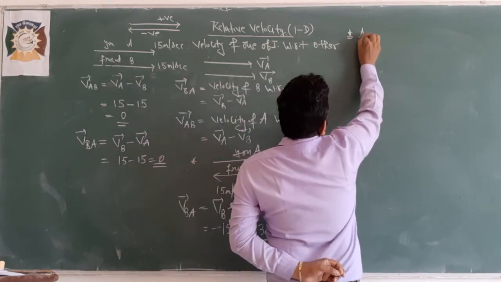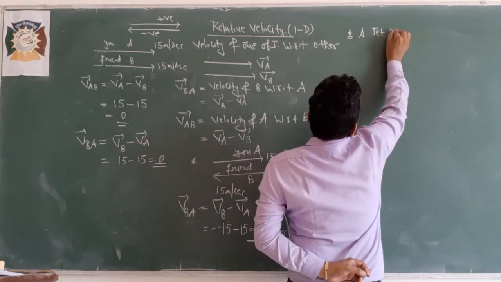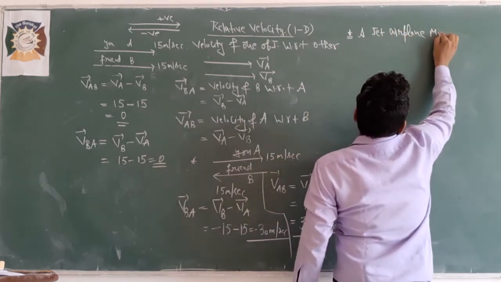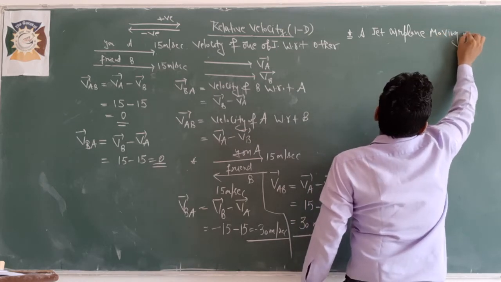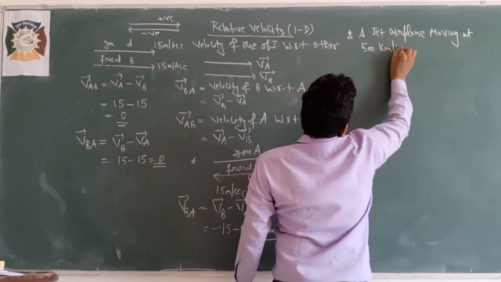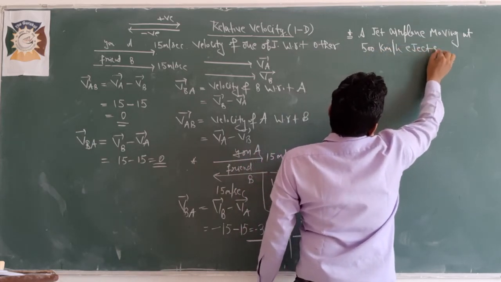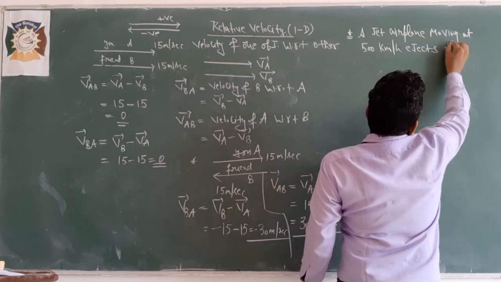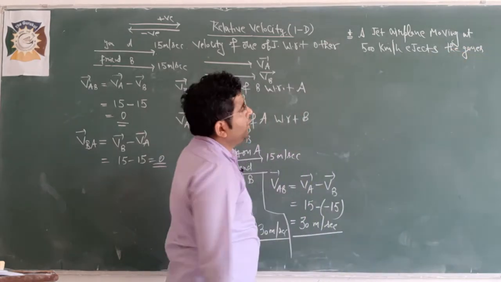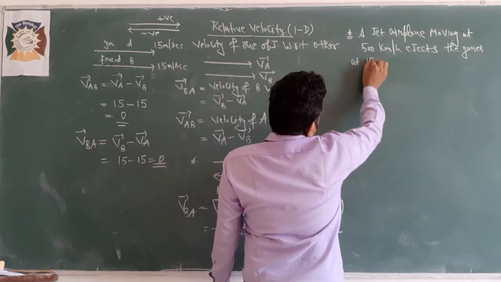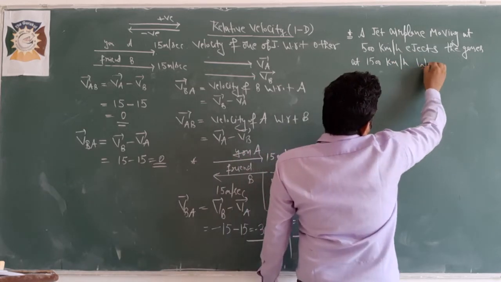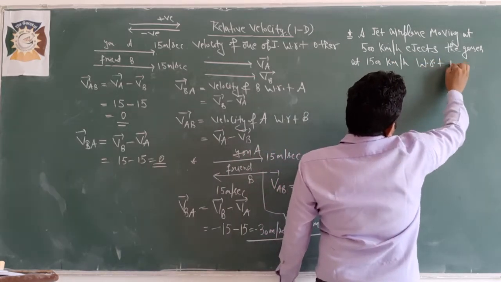A jet aeroplane moving at 500 km per hour ejects the gases at 1500 km per hour with respect to it.